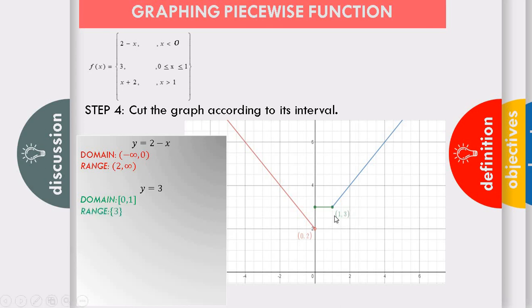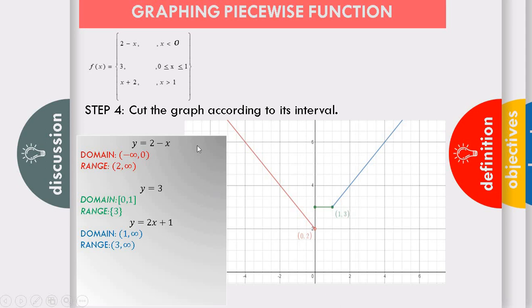Next one, the range. So we can see that the line just lies on the point 3 on the y-axis. Next one, y equals x plus 2. So the domain is from 1 to positive infinity. And the range is from 3 to positive infinity.